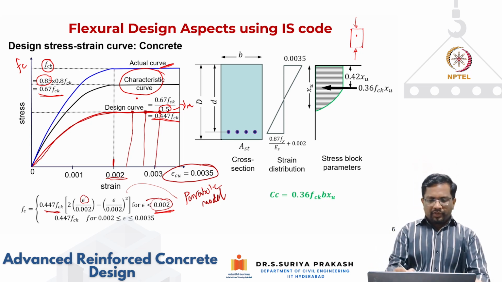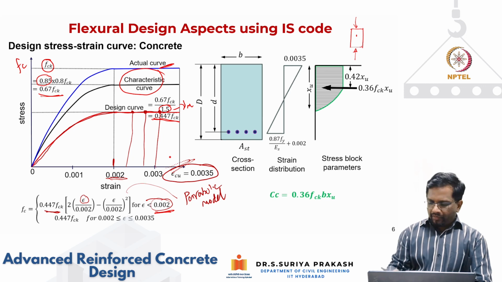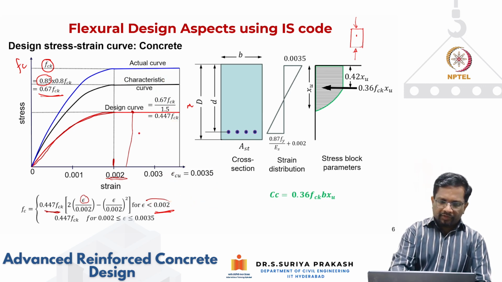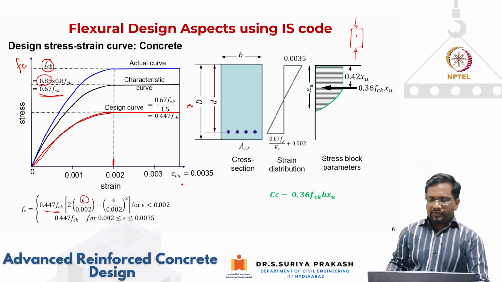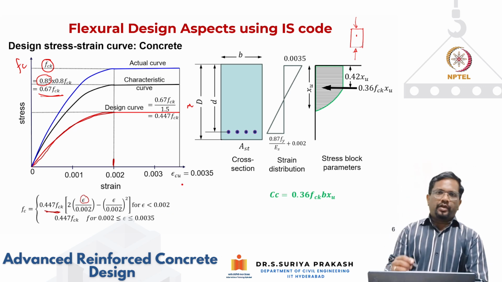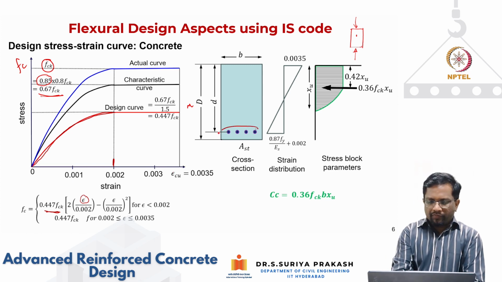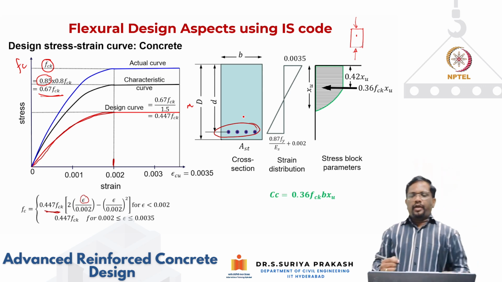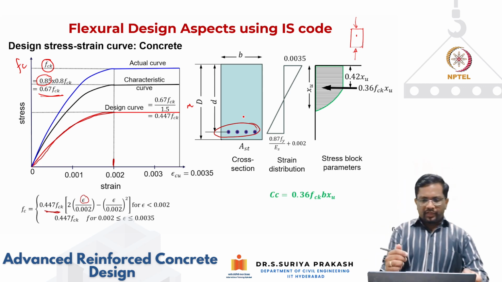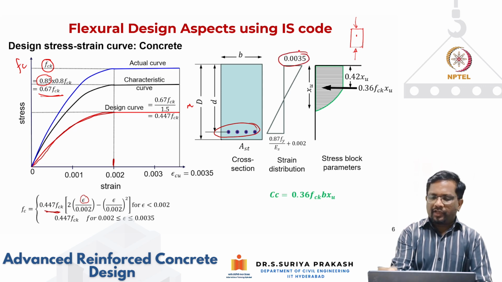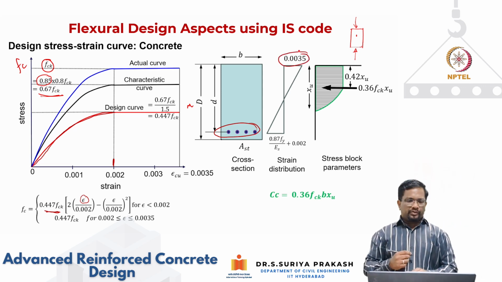If you look at this, the section that we are looking at is a rectangular, singly reinforced section. We are doing analysis, and the top compressive strain at ultimate, I am taking as 0.0035.